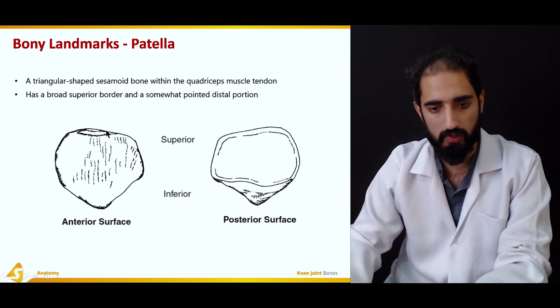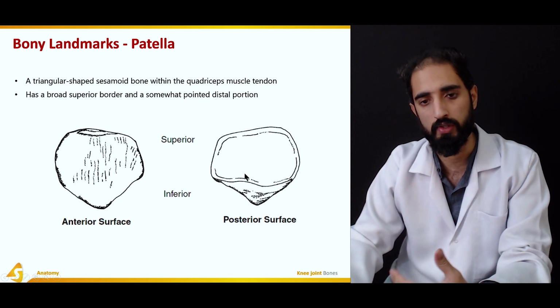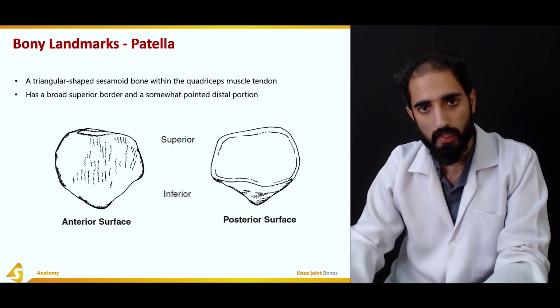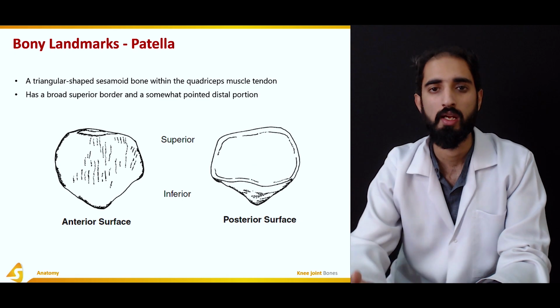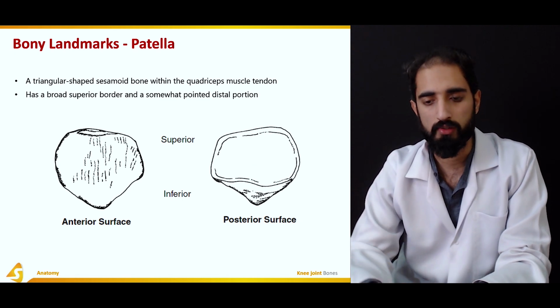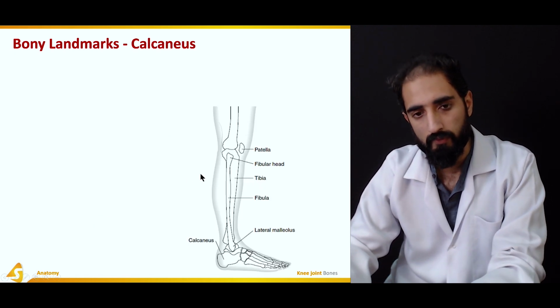Now this here is the anterior surface and this is the posterior surface. The posterior surface of the patella actually articulates with the anterior aspect of the femur to make the patellofemoral joint, and it glides upward and downward on the femur, thus forming the patellofemoral joint.